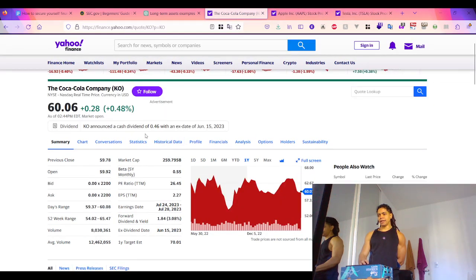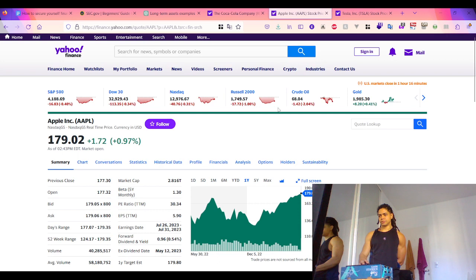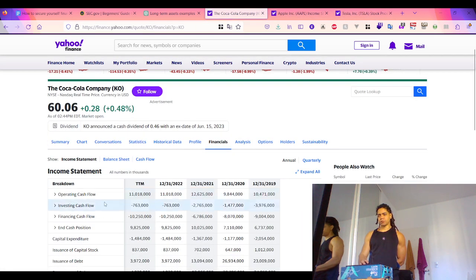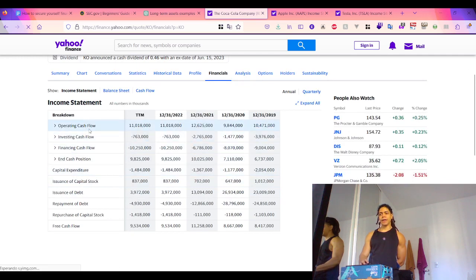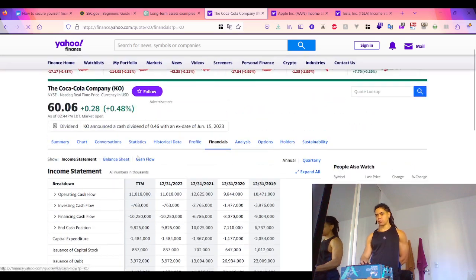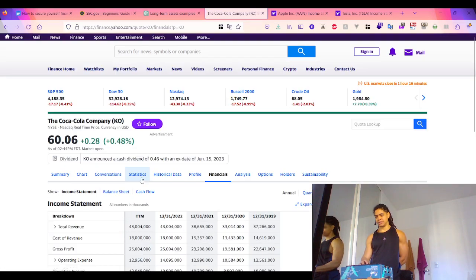So by looking now at the financials, here we are on the operating cash flow, investing cash flow, and financing cash flow from Coca-Cola. We can see the numbers.